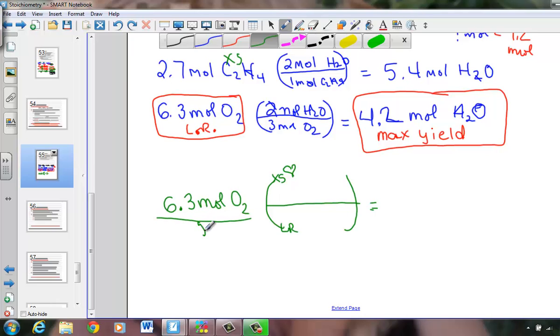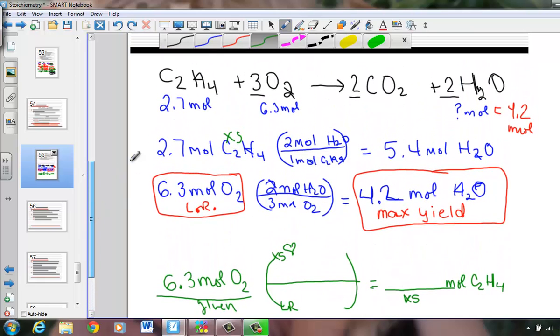Make the given your limiting and make your want the excess. And I want to just go to a like unit so I can do some subtracting to see how much was actually left over. So what is that stoichiometric ratio? I need that recipe.